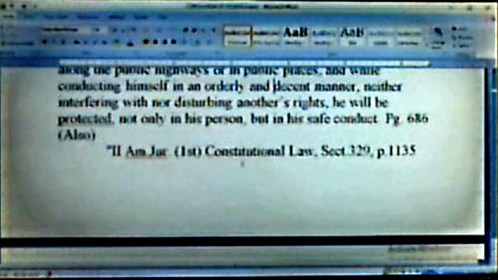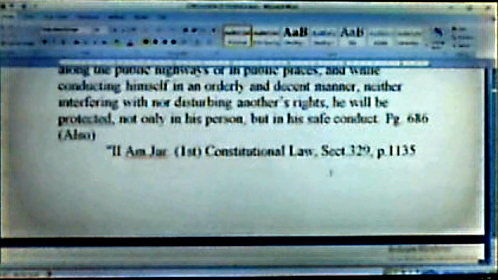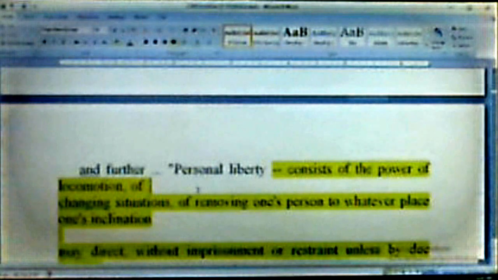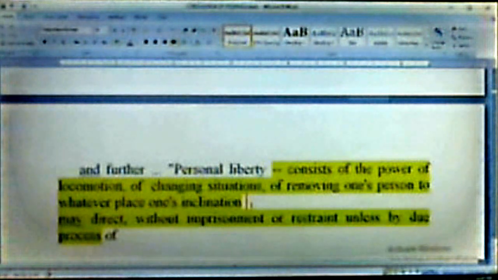And we're going to reiterate this again with another section of constitutional law, which we looked at earlier. Personal liberty consists of the power of locomotion, of changing situations, of removing one's person to whatever place one's inclination may direct without imprisonment or restraint unless by due process of law.